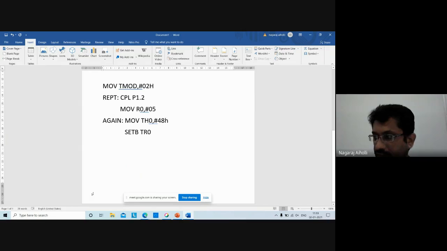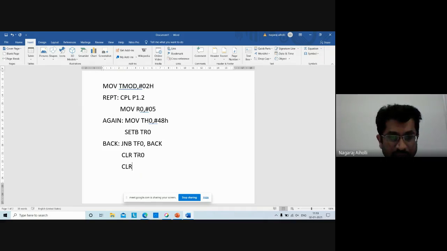Once we start the timer, we have to monitor the overflow flag using the instruction JNB TF0, back. Monitor the overflow flag. Once it overflows, it will come out of the loop. Then once it overflows, we have to clear the timer run control bit, that is TR0, to turn off the timer for the next round, and also clear the overflow flag for the next round.